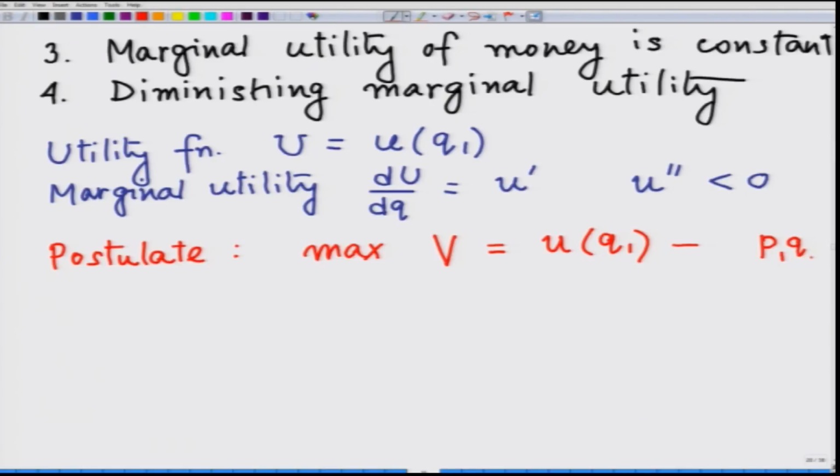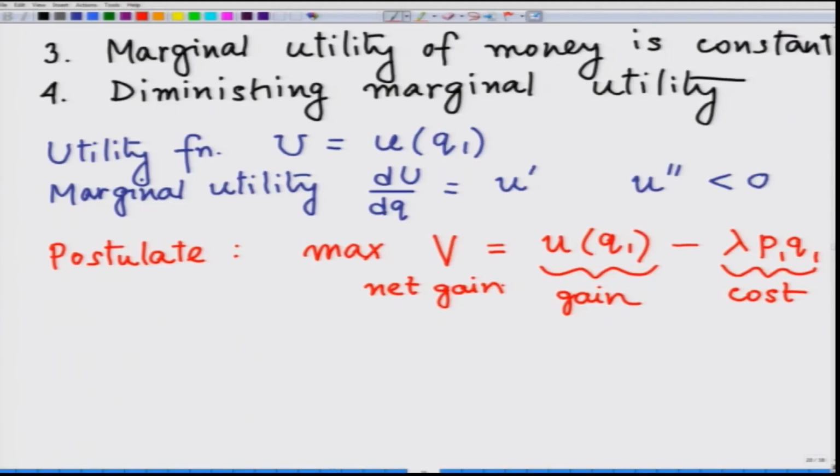The expenditure on commodity 1 is P1 times Q1, multiplied by a constant marginal utility of income denoted by lambda, and that is basically a cost to the consumer. The utility is the gain or benefit to the consumer, and this V is basically the net gain in terms of utility.